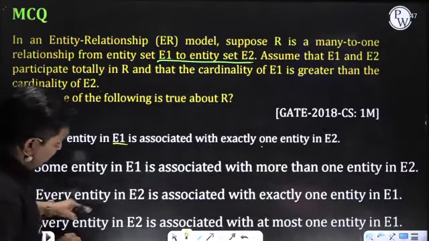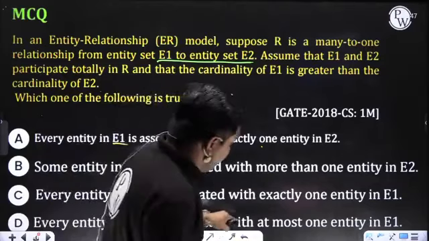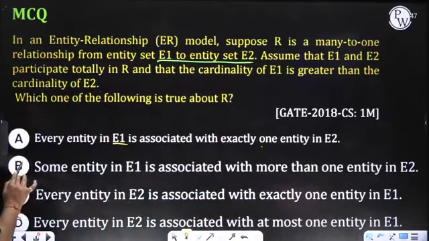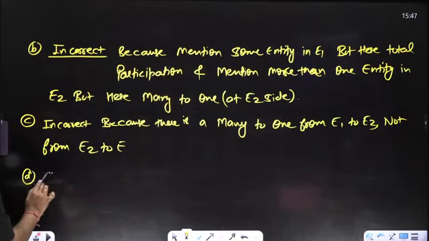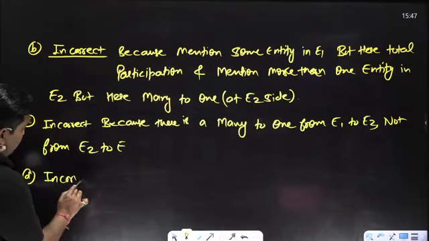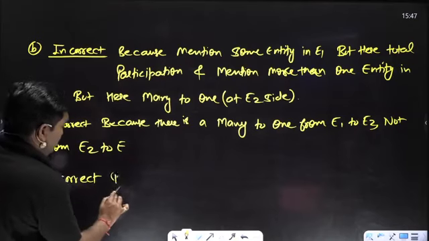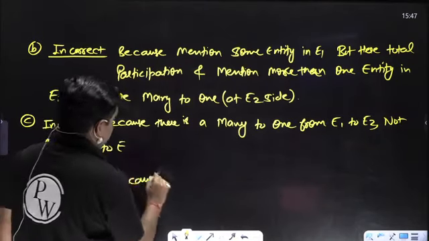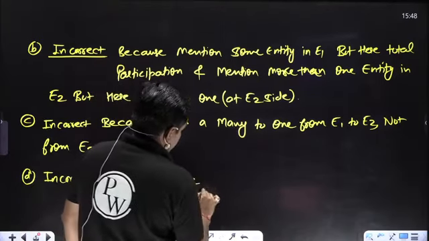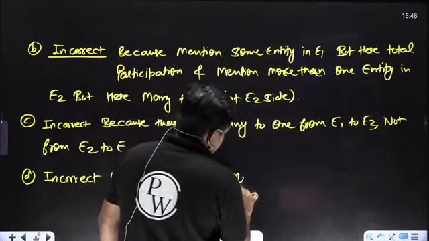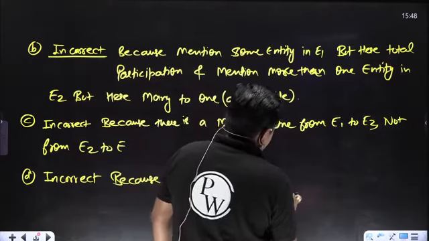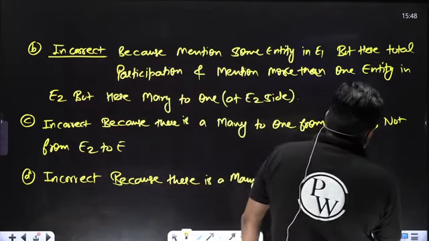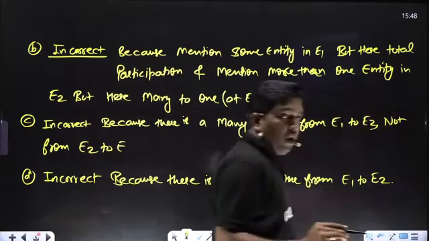D says every entity in E2 is associated with at most one entity. Again, this is incorrect. Why is D incorrect? Again, I am saying the same, because there is many to one from E1 to E2, not from E2 to E1.